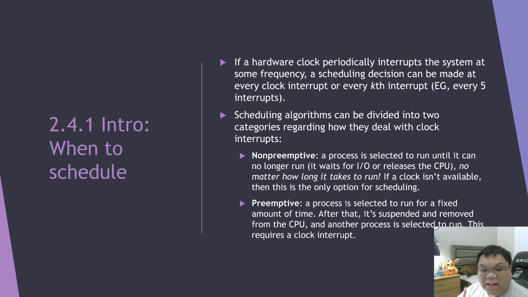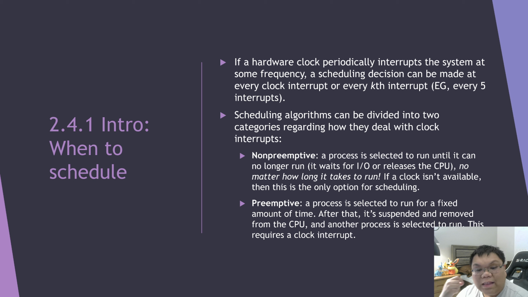That's called round robin, and that is what is called a preemptive scheduling algorithm. We run processes for some amount of time. After that, it's removed from the CPU, goes back to the line, and we run another process next.